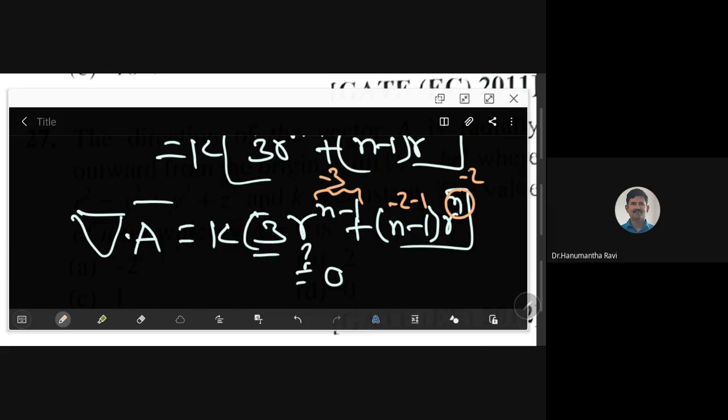So r power minus 3 is coming. Here minus 3 is coming. So what is that? There is a small error.